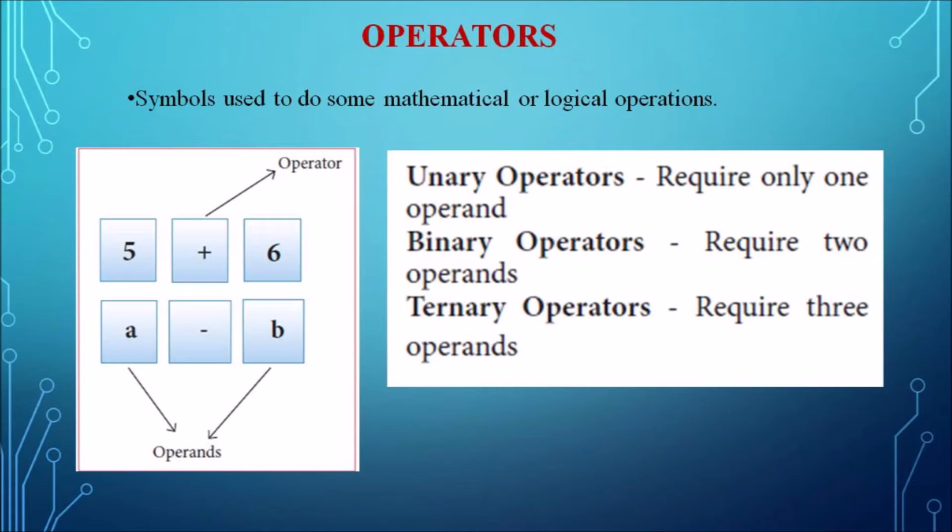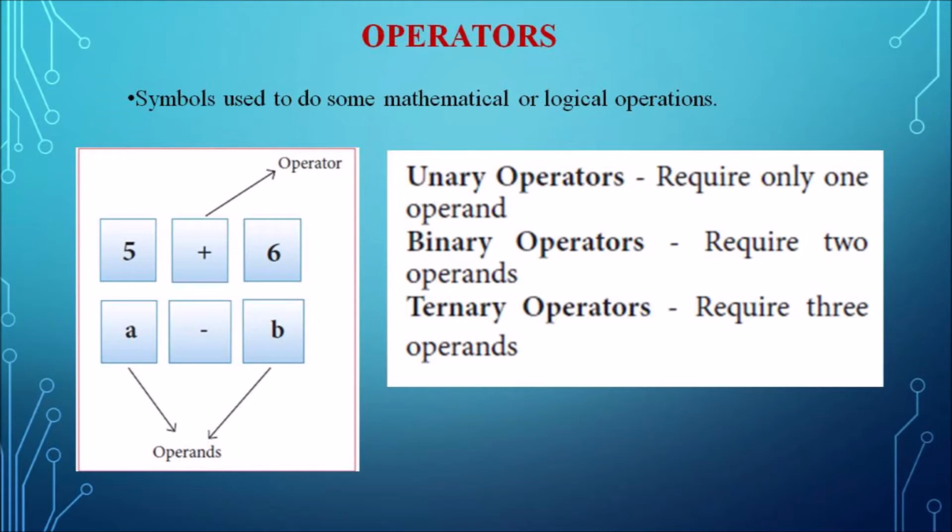An operator is just a symbol which is mainly used to do some mathematical or logical calculations or logical operations. That symbol we call an operator. The data items or the values that the operators act upon we call operands.